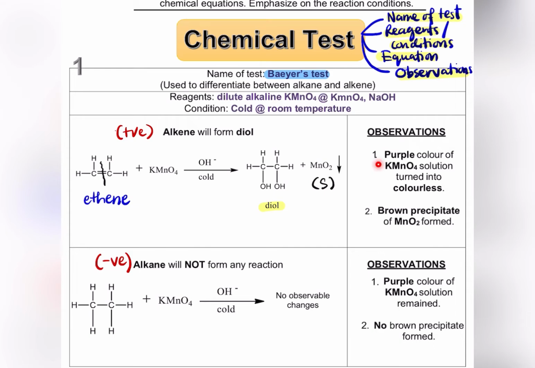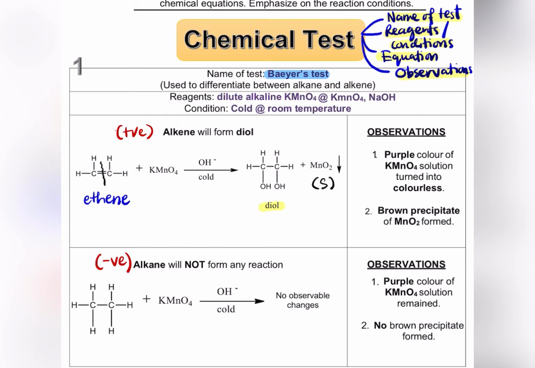There will be 2 observations. Purple color of KMnO4 solution turn colorless and brown precipitate of MnO2 form. When you write down the purple color turn colorless, make sure you put solution because this is referring to the color of the solution. So only 2 observations for Bayer's test for alkene, our positive result.